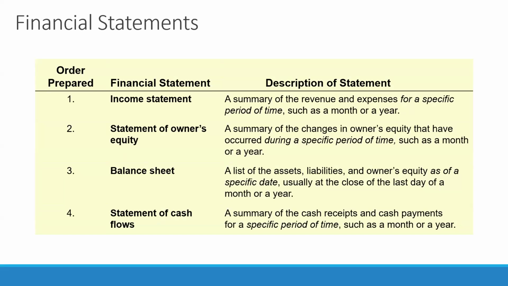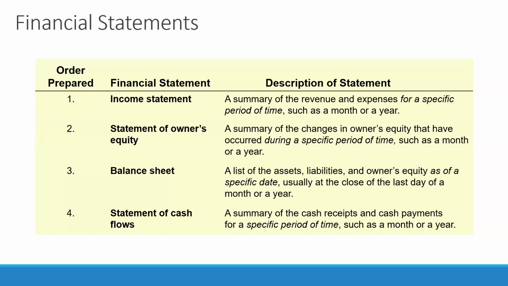The income statement is a summary of the revenue and expenses for a period of time, which is also why it's important that revenue and expense accounts are over the year or the month or the quarter that the report is for. The statement of owner's equity shows the changes in the owner's equity.